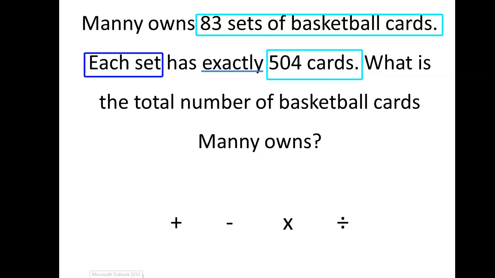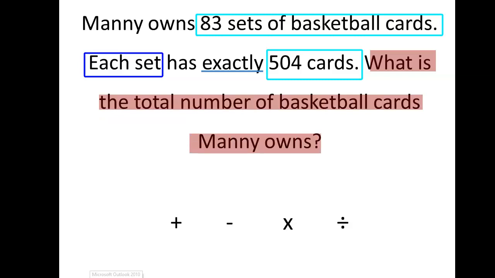And our question is super important, where it's asking us how many, so what is the total number of basketball cards that Manny owns? We want to know that total number.